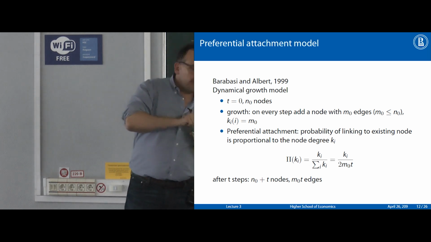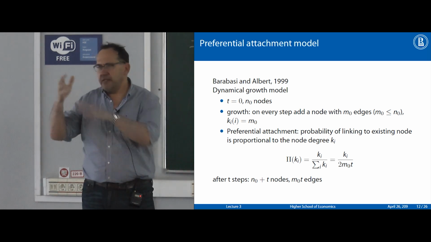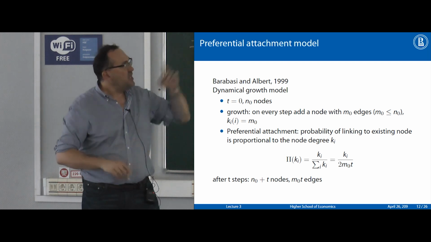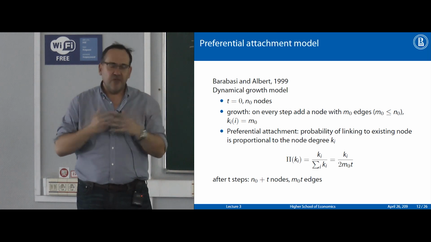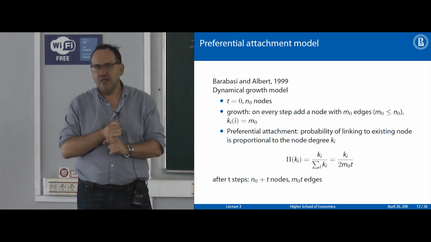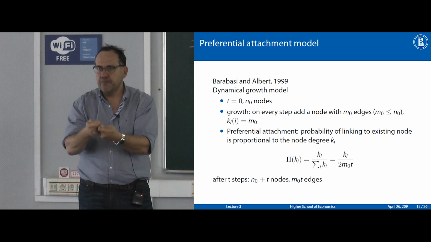So these are all very valid assumptions, and you can actually build models and use all of these assumptions and constraints. Barabasi and Albert used three of those that we described. One is they wanted a dynamic model, which means the model changes with time, which means nodes arrive with time.